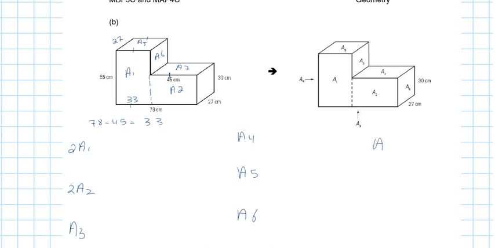And how many A8 do you have? I have two A1s, and I only have two A2s. Why is there not two A8? Where would the other one be? Here?